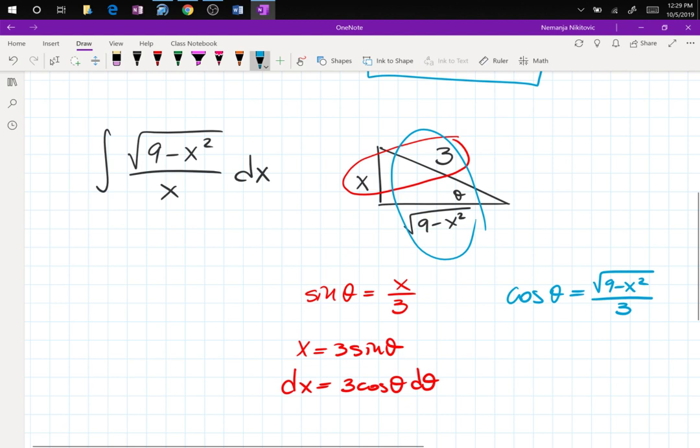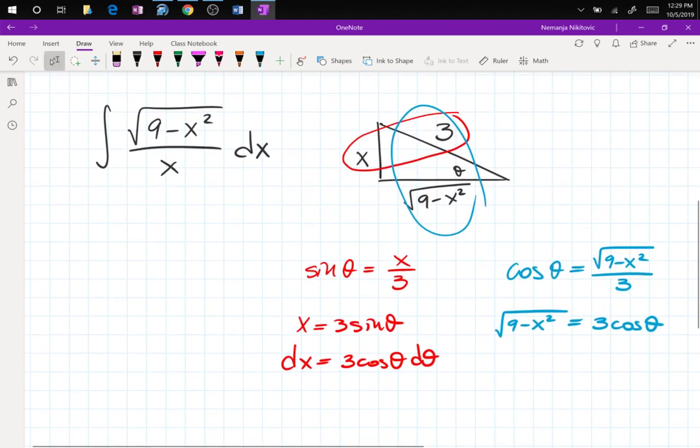And since you need to replace it, the square root of 9 minus x squared is 3 cosine theta. And you just replace things. You just drop them into the integral. The square root is replaced by 3 cosine theta. X on the bottom is replaced with 3 sine theta. The dx is replaced with the 3 cosine theta d theta.